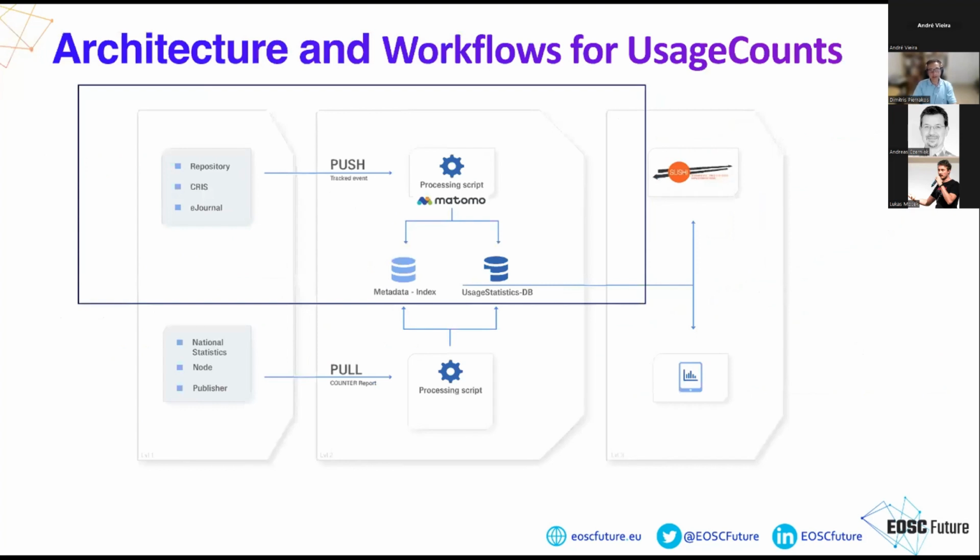So how the service operates: we have two different approaches for building usage statistics. The first approach is based on the push workflow, which is depicted in the upper part of the figure. This approach is based on the Matomo analytics platform.